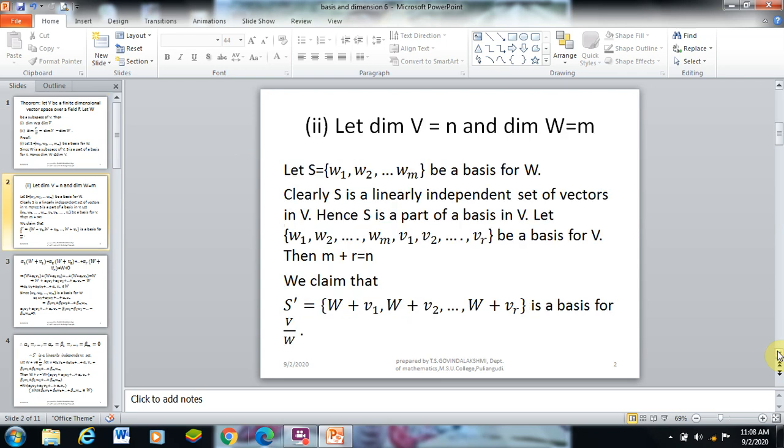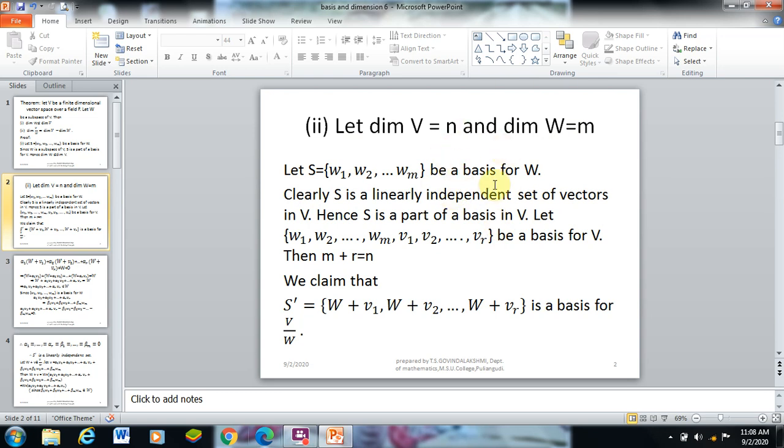Let dimension of V equal n and dimension of W equal m. That is, S equal to {w1 to wm}, m elements, be a basis for W, and n elements form a basis for V. Here let S equal to {w1 to wm} be a basis for W. Clearly S is a linearly independent set of vectors.